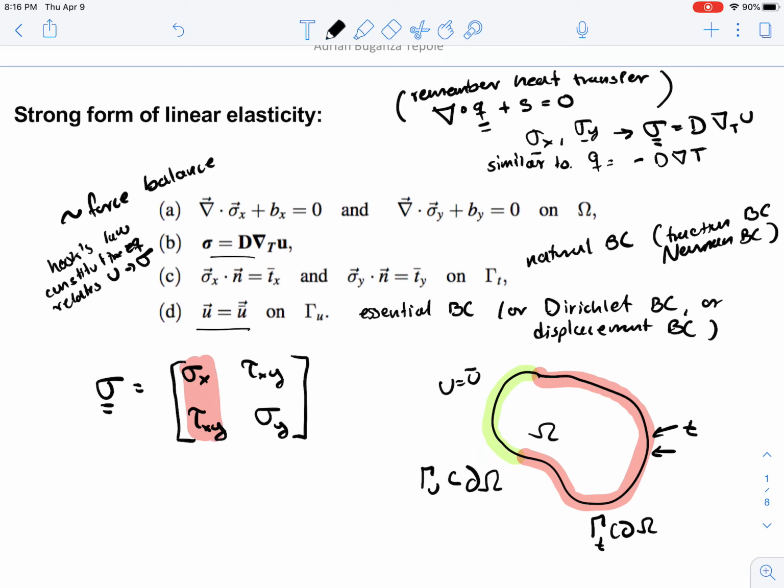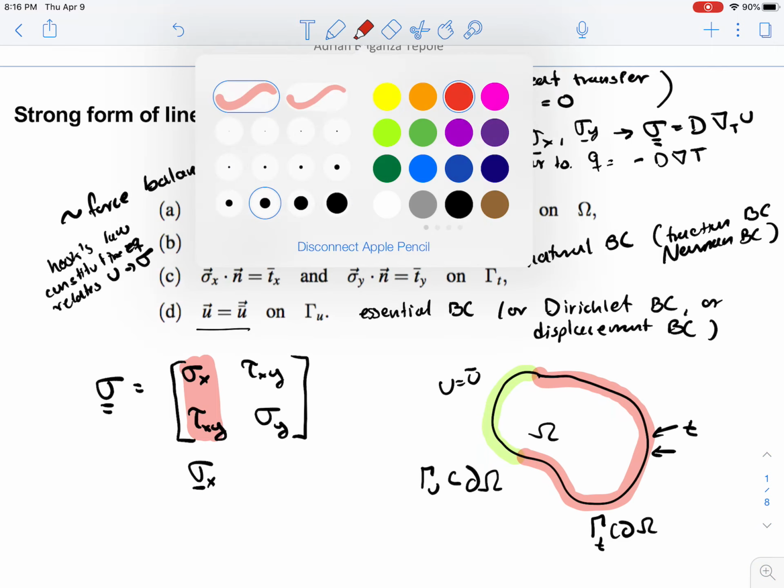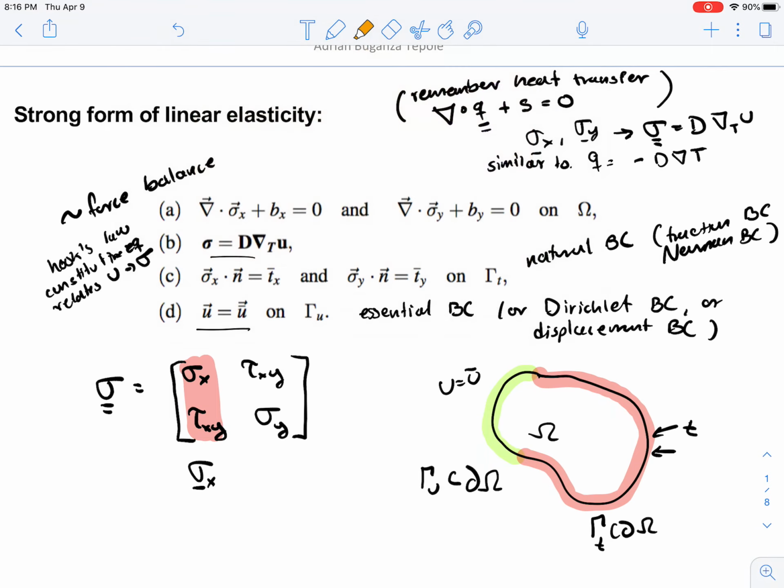This column right here, that one is the vector sigma x, and this other column right here is the other traction sigma y that are identified here.